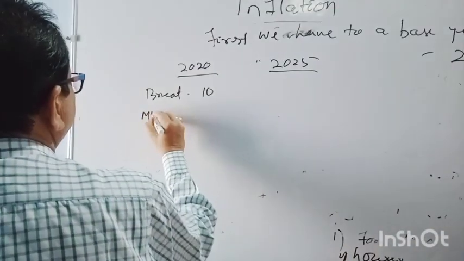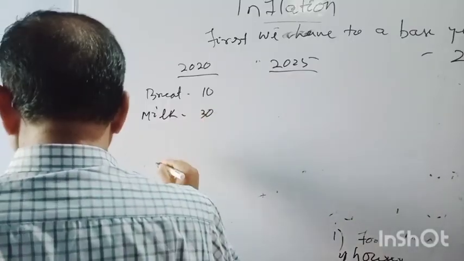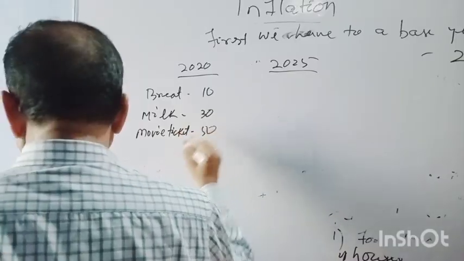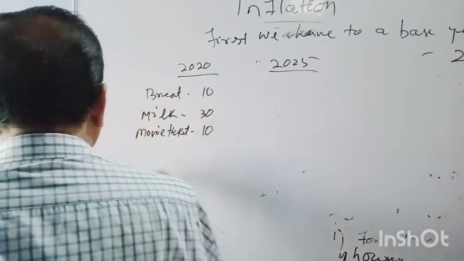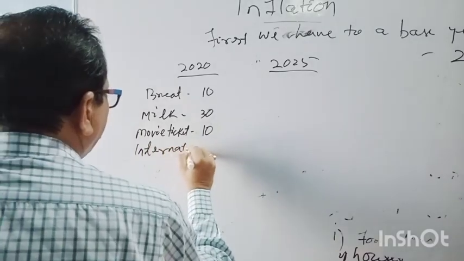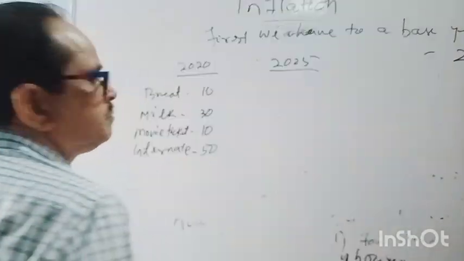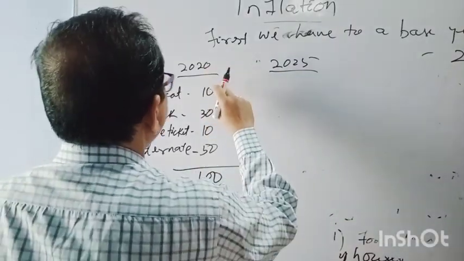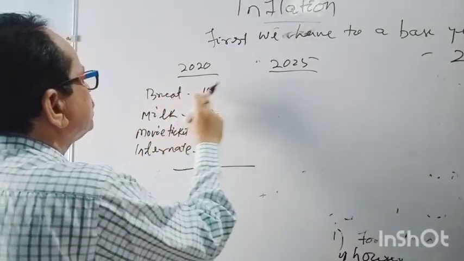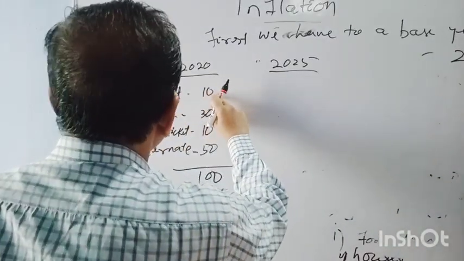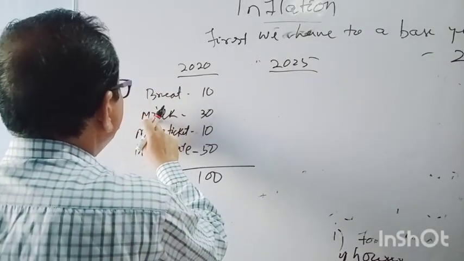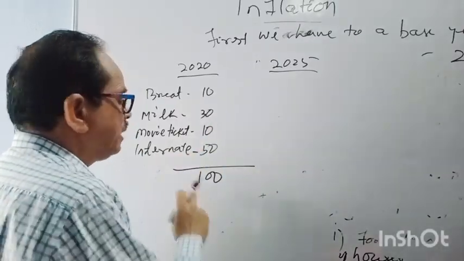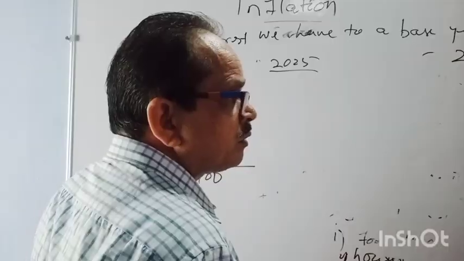In 2020, a piece of bread cost 10 rupees, a liter of milk was 30 rupees, a movie ticket was 10 rupees, and internet charges were 50 rupees. Total 100 rupees we could spend.